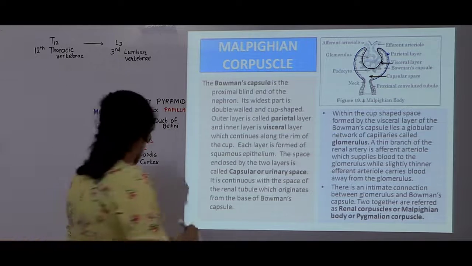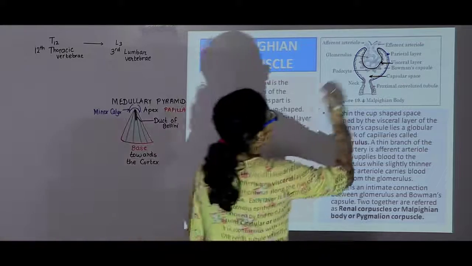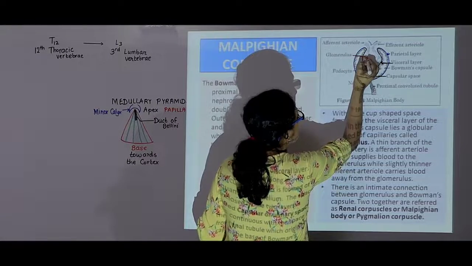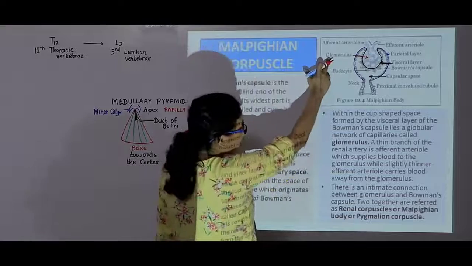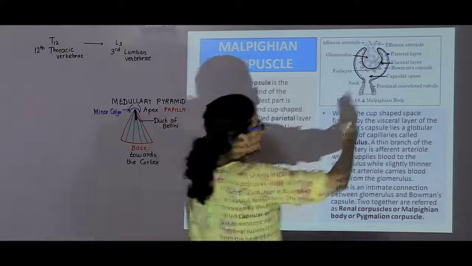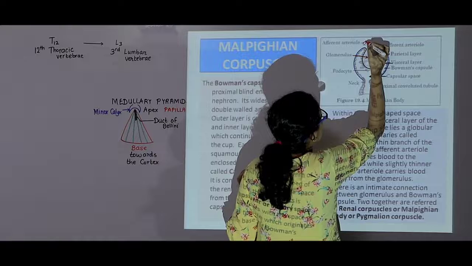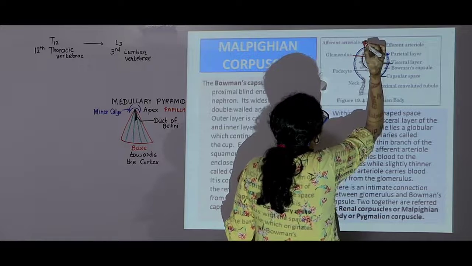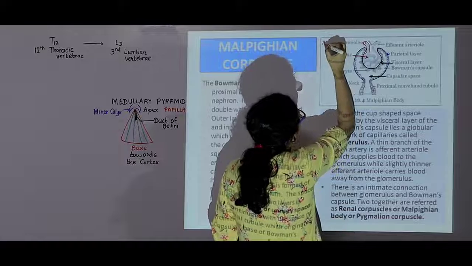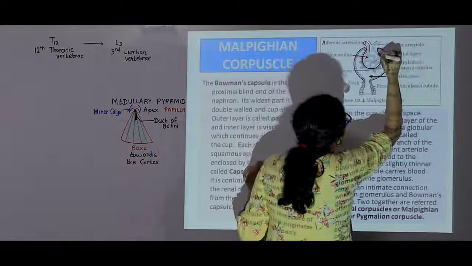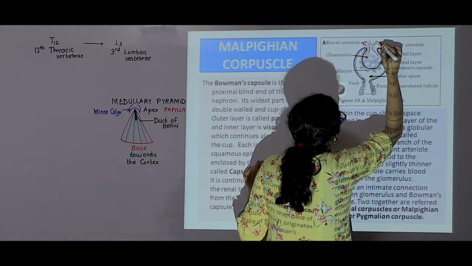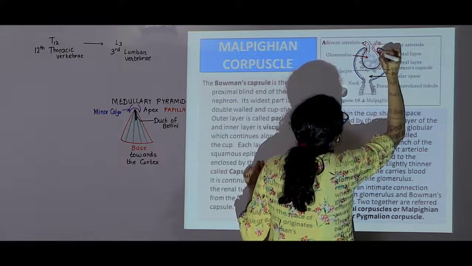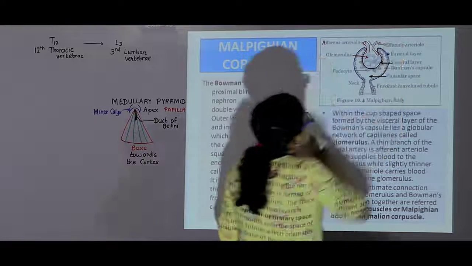So this entire network over here inside the black visceral layer is called the glomerulus. It receives blood from a larger diameter afferent arteriole, A for afferent, but the blood leaves it through a smaller diameter efferent arteriole.